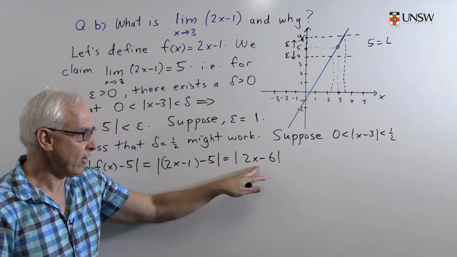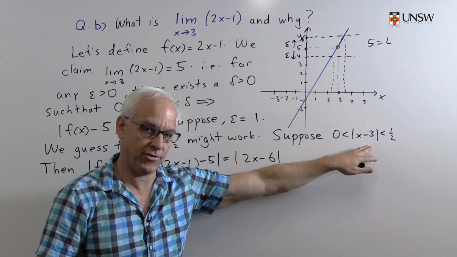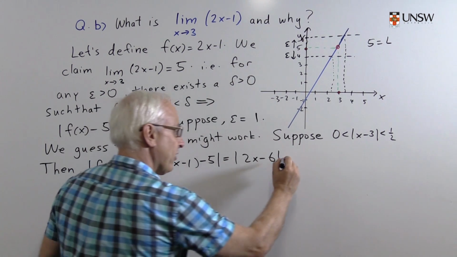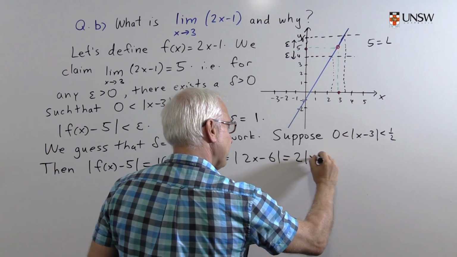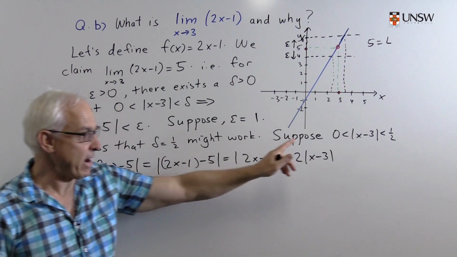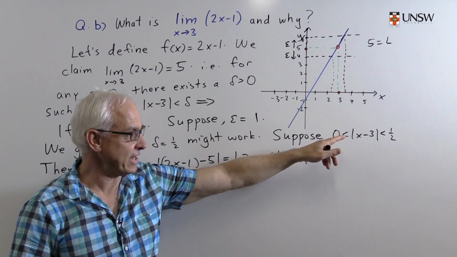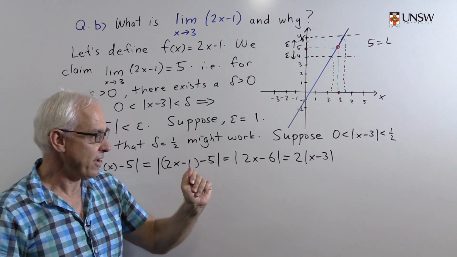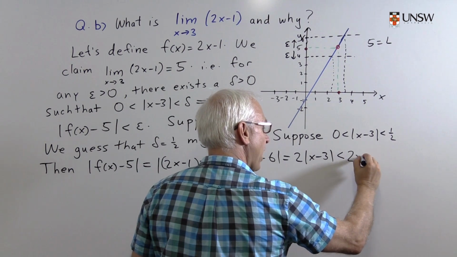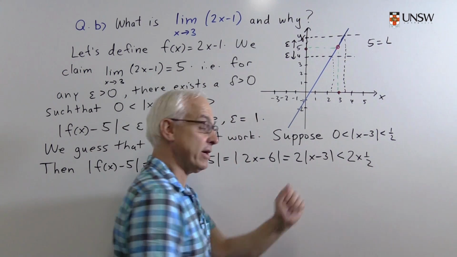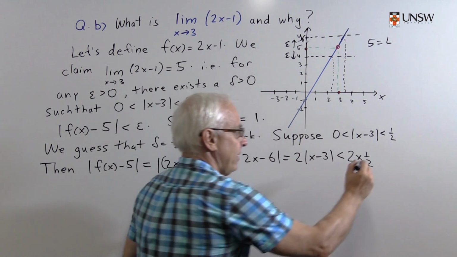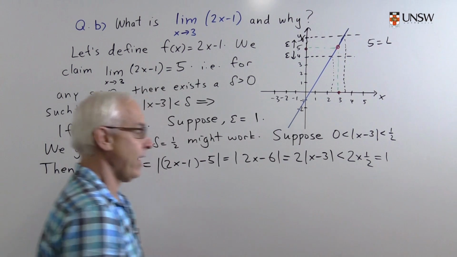Can we relate this to this? Well, we can, because this is just 2 times x minus 3. If we know that x minus 3 in absolute value is less than a half, then this is going to be less than 2 times a half, and this is equal to 1, and that's what we want.